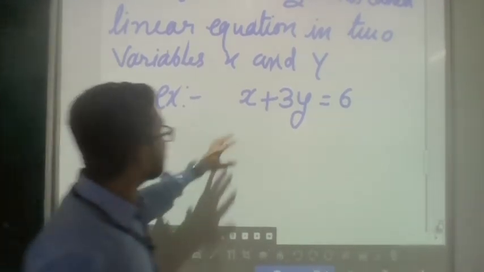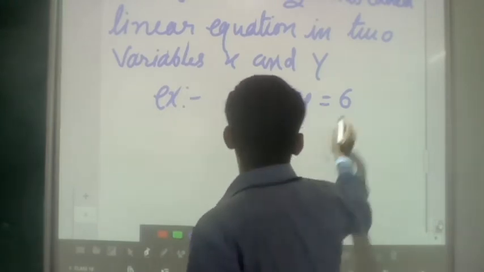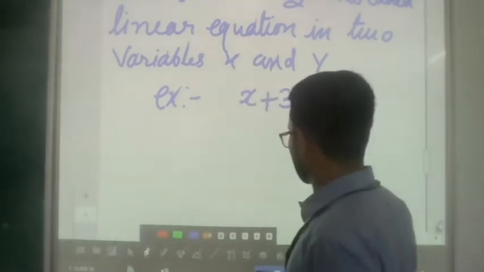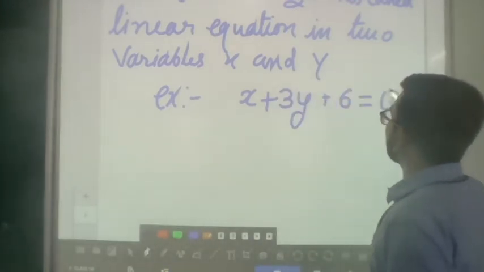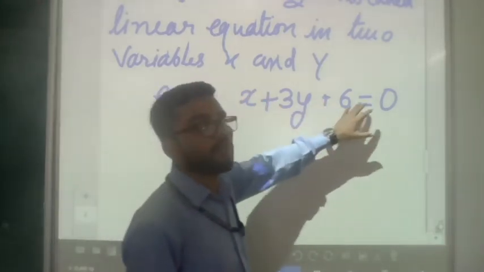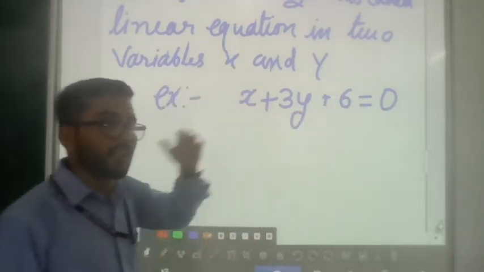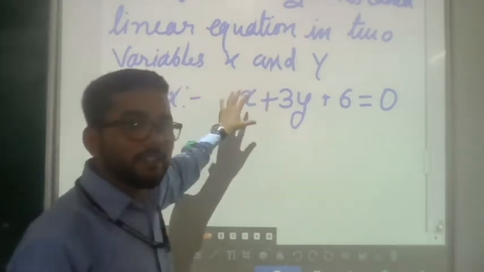This is in the form of ax plus by plus c is equal to 0 and can be written like this, where ax means a into x, x is a variable and a is a coefficient.